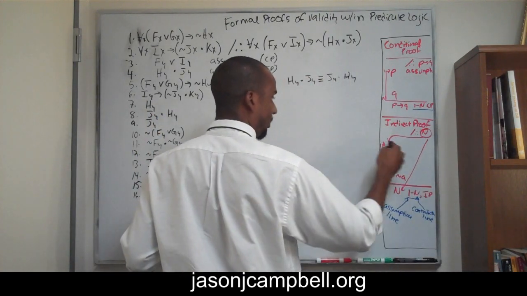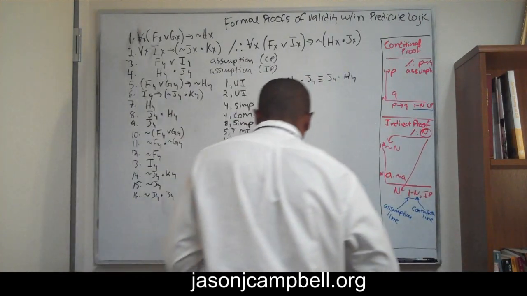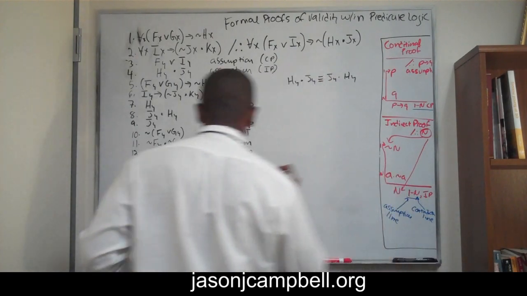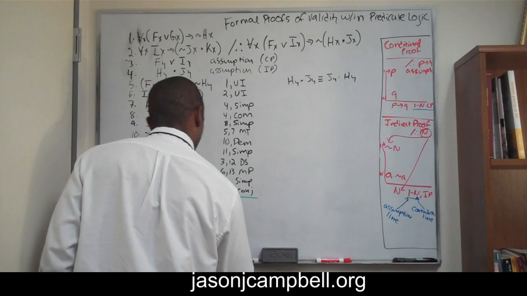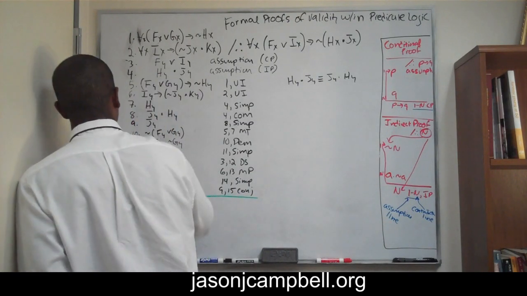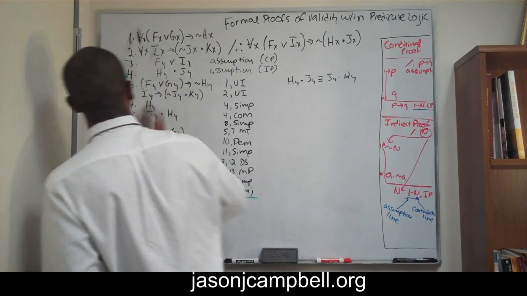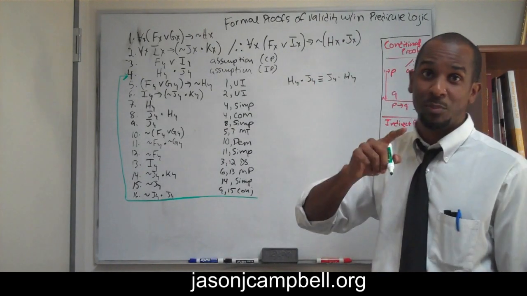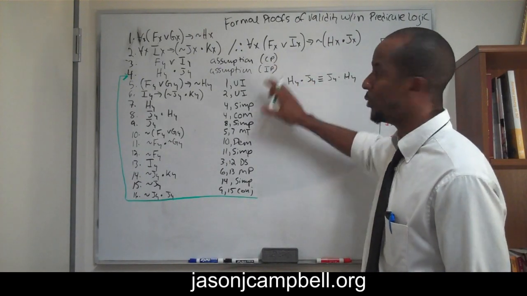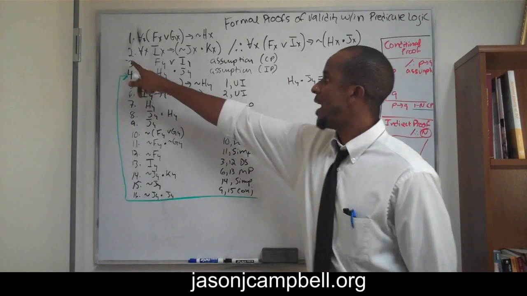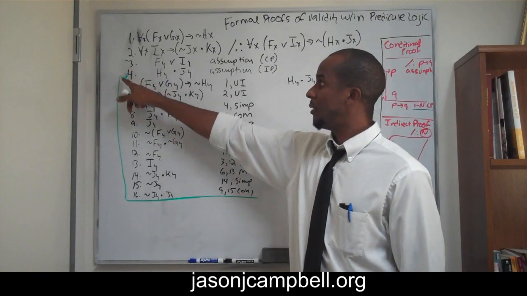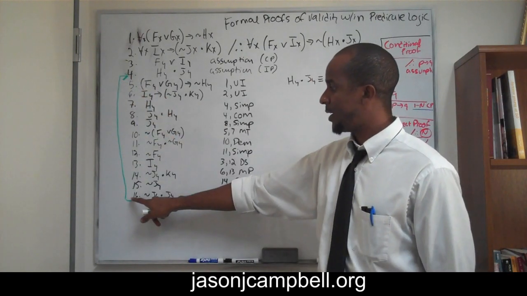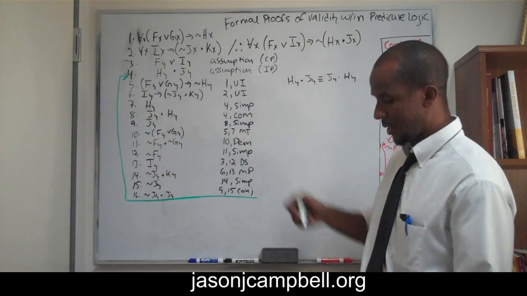We tidy it up now, and I'll do a different color. This is our indirect proof, and this is why it's important. This is why I do this. You can erase it after you've done your solution, but you don't want your arrow to go to the wrong thing because then your scope will be off. If you put it here, your scope's wrong. Your scope begins here, your scope ends here for the indirect proof.